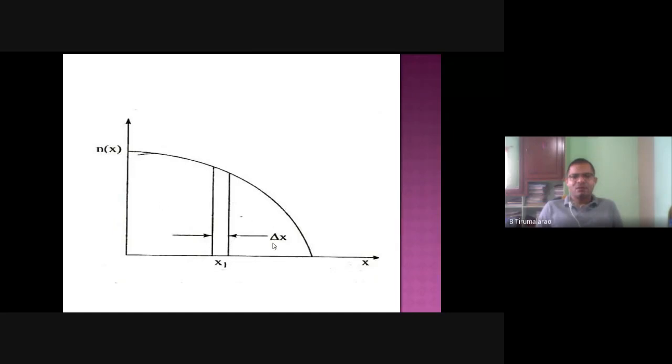So what is delta x? Delta x is nothing but the difference in two positional points on the x-axis. What is delta n? The corresponding concentration on the y-axis. That is known as delta n.